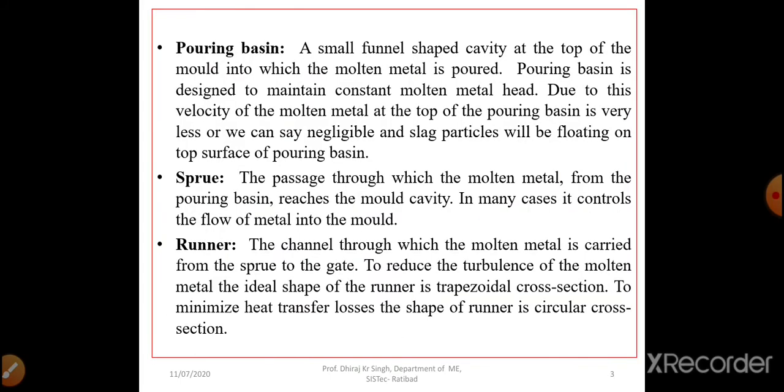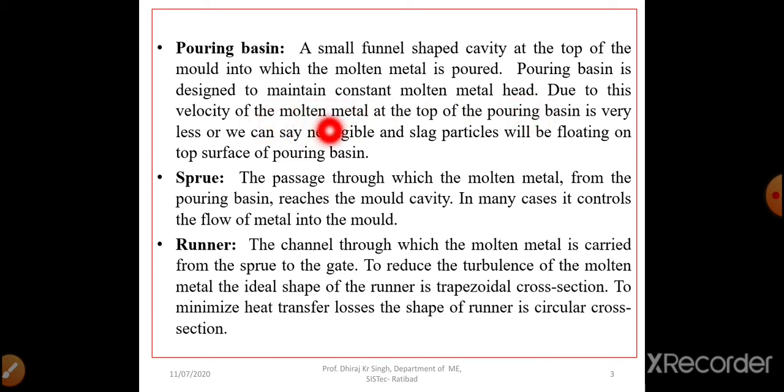So what is pouring basin? First of all, we have to understand the role of pouring basin in elements of gating design. Pouring basin is nothing but a small funnel shaped cavity at the top of the mold into which the molten metal is poured. Pouring basin is designed to maintain a constant molten metal head.